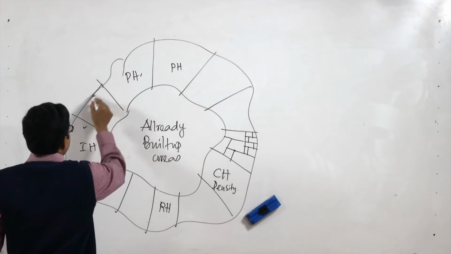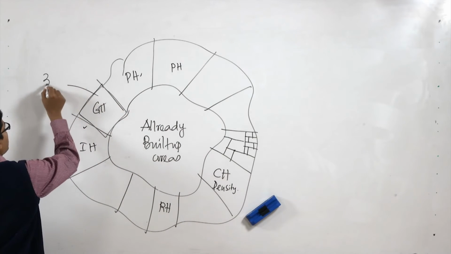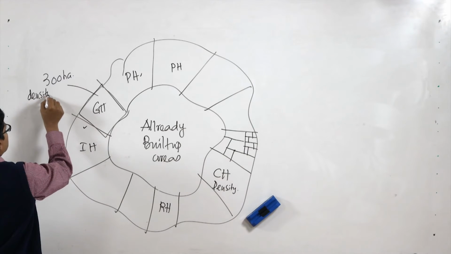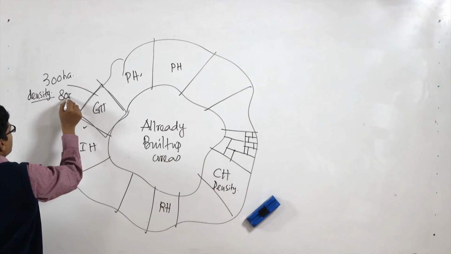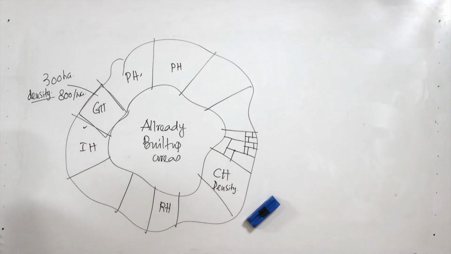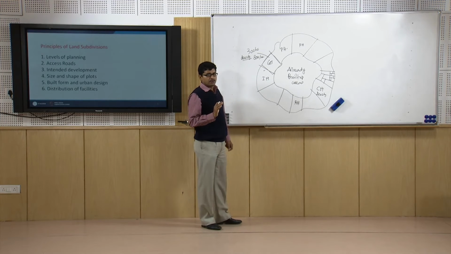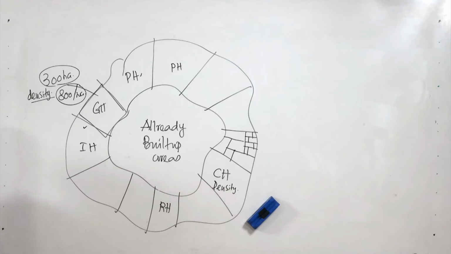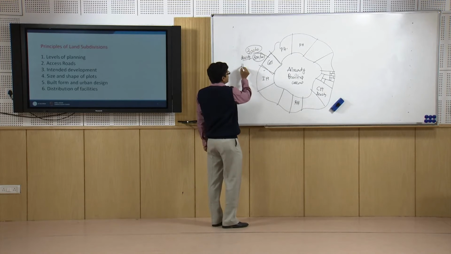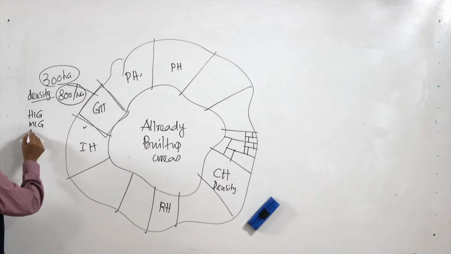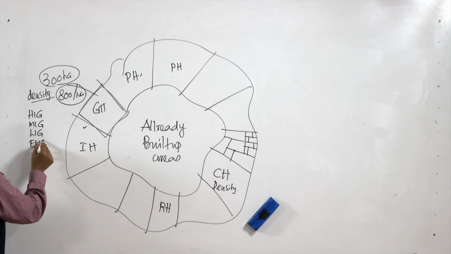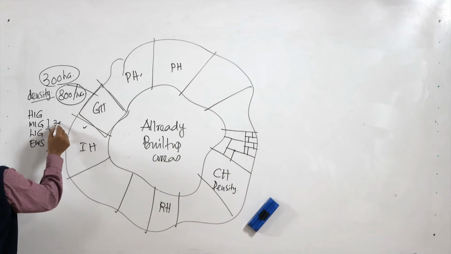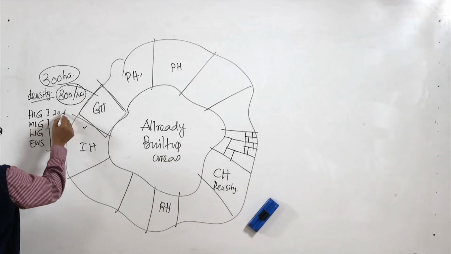For example, this land chunk could be 300 hectares and density could be say 800 per hectare, and as per the housing strategy you have made, it is also mentioned that this 800 per hectare in a total area of 300 will consist of HIG, MIG, LIG and EWS in the proportion of 50%, 30% and 20%.